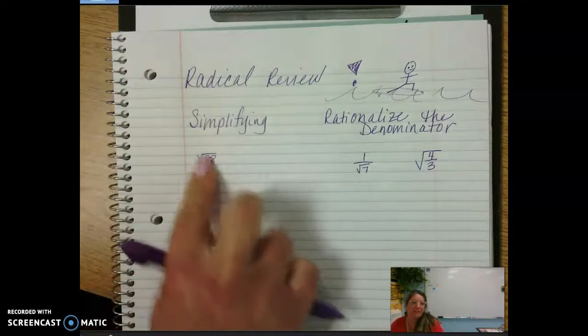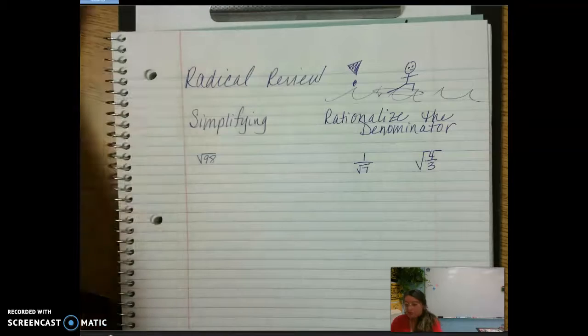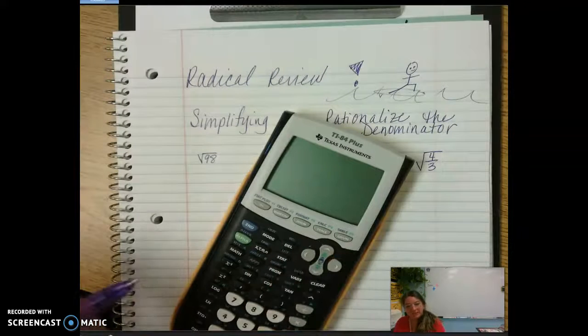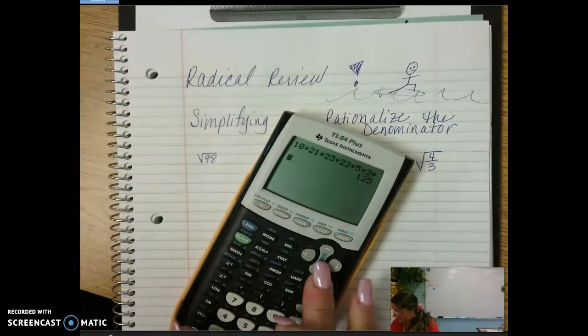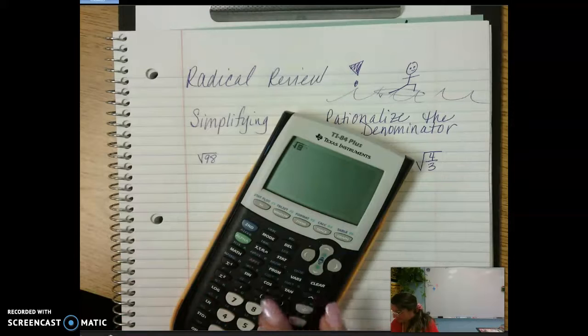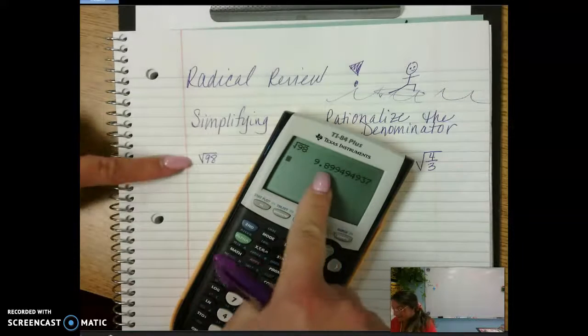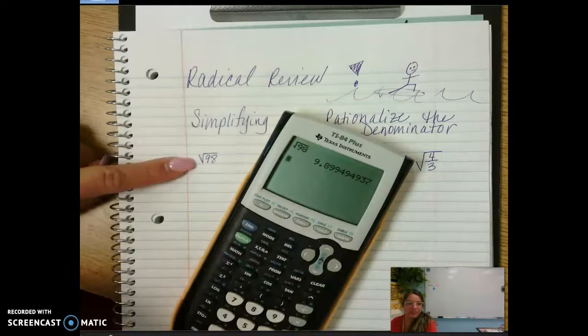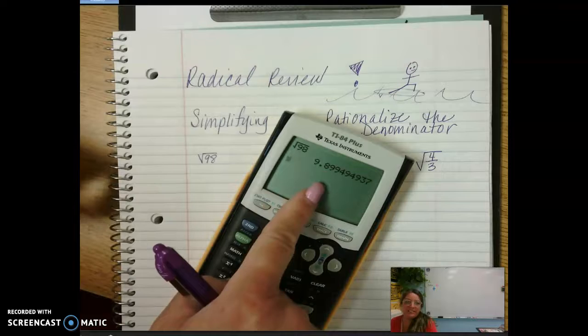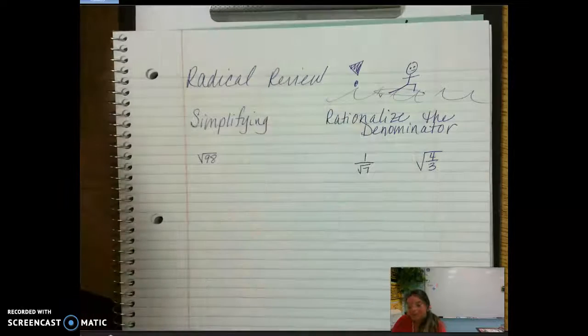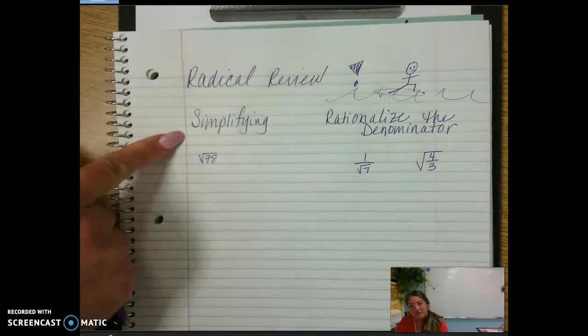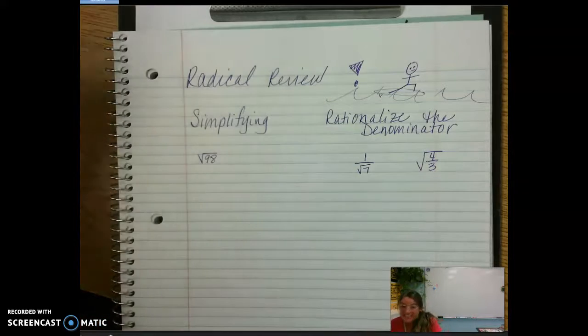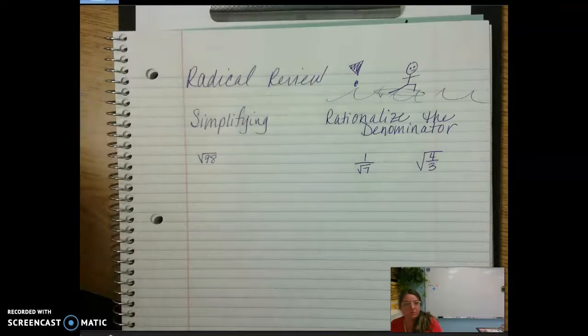And so the square root of 98, as soon as you type that into the calculator, you're going to get an estimated answer. So 9.89 is what the square root of 98 is, but this is an estimated answer. And so we can simplify this radical and keep it as an exact answer, and that's what the goal is.